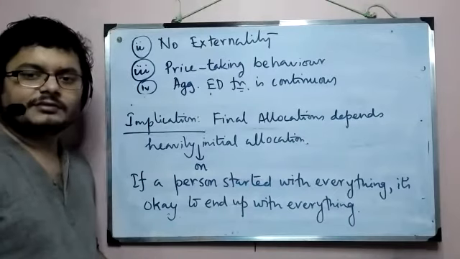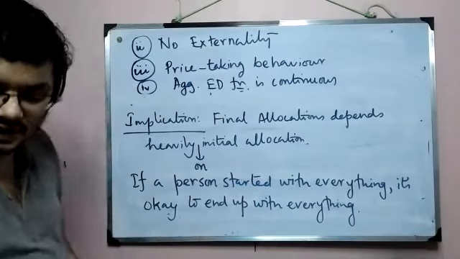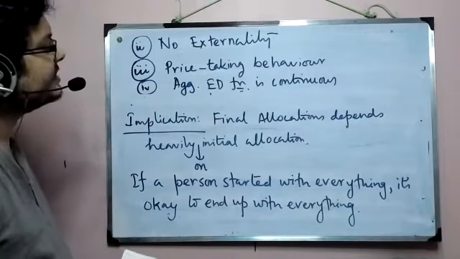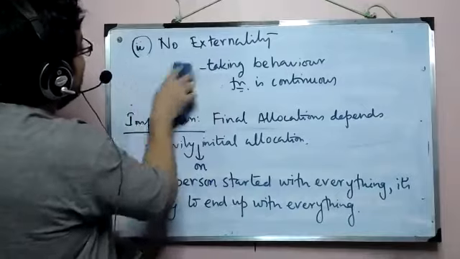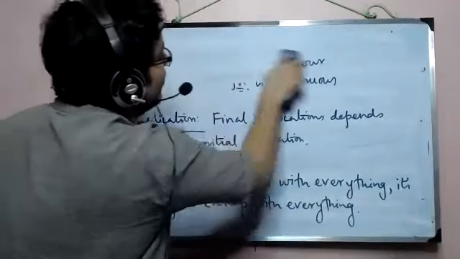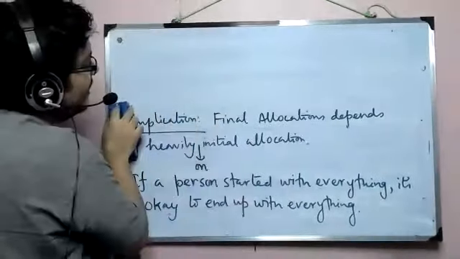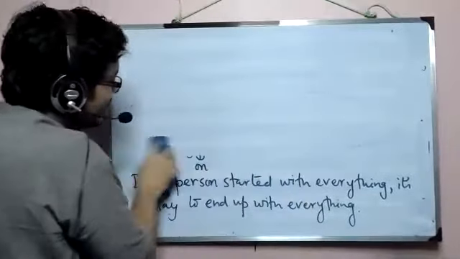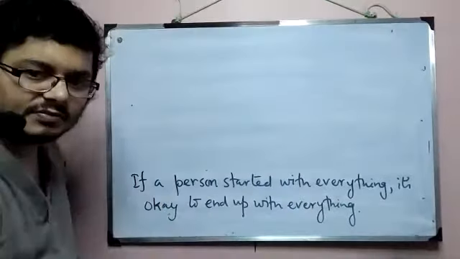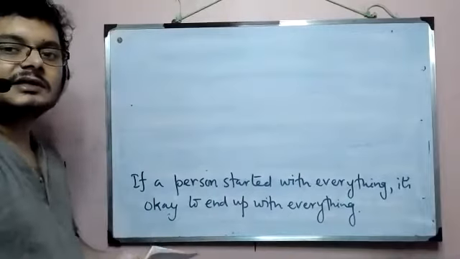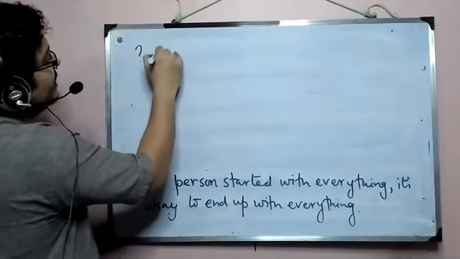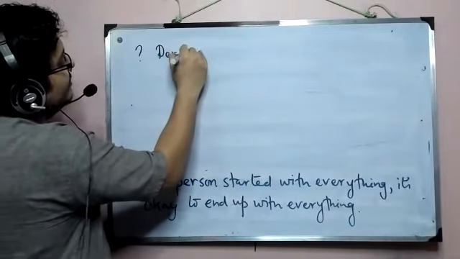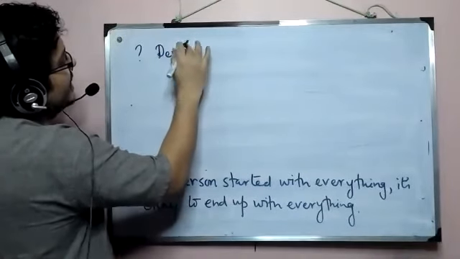So can there be any way by which or using which we can have our desired Pareto optimality as a result of perfect competition? So that is the question. What do we want? We want, there is some desire, okay.